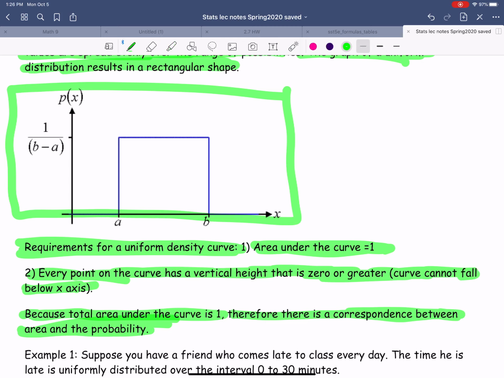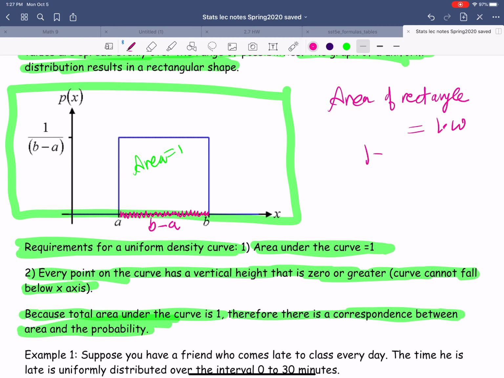We just said that the area under the curve is 1. If I start at point A and end at point B, what is going to be this purple marked length? That would be B minus A. And we want the area to be equal to 1. How do we find the area of a rectangle? Area of a rectangle is always equal to length times width.